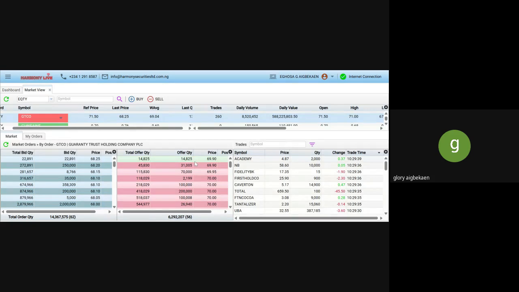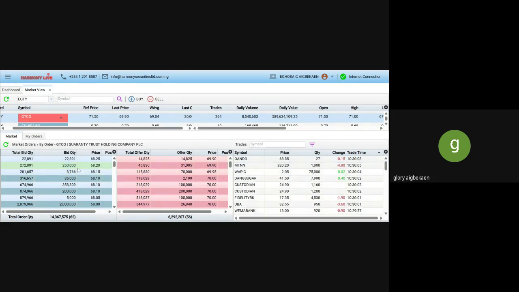Then on the offer side, the lowest price that somebody is offering to sell his shares is 69 naira 90 kobo. So if I just want to buy immediately, I'll just select this price, 69.90, and I will buy immediately.